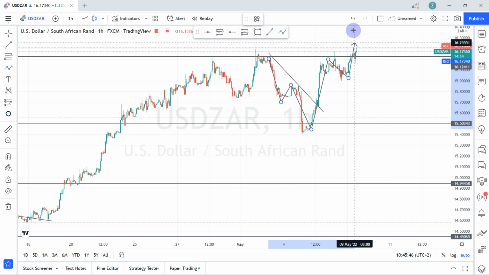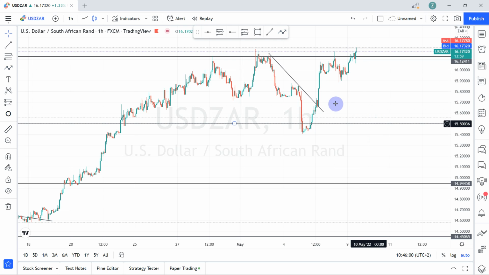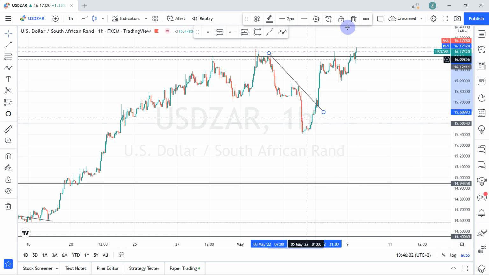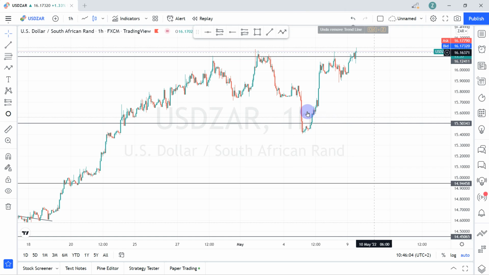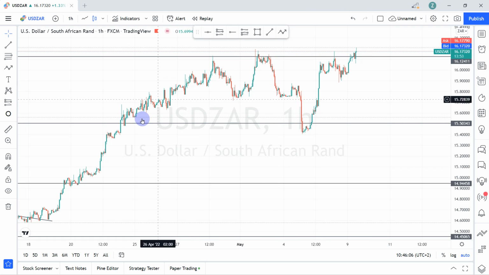It might continue to the upside, or it might give us a fake out, and from there it might reverse. If it gives us a fake out, it's going to give us this double top before it actually reverses to the downside, right? So currently there's not really much to see.